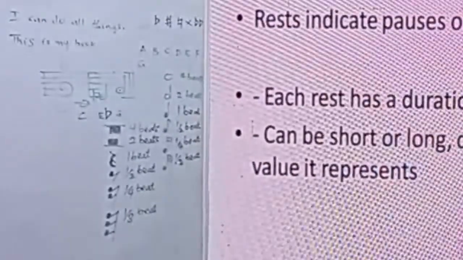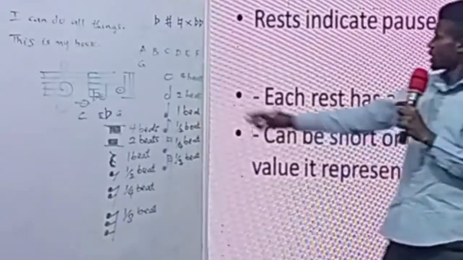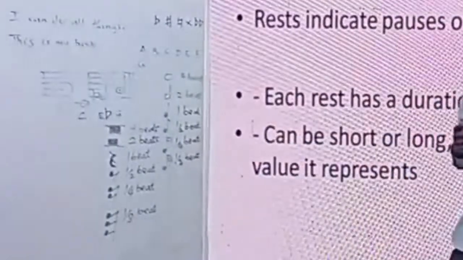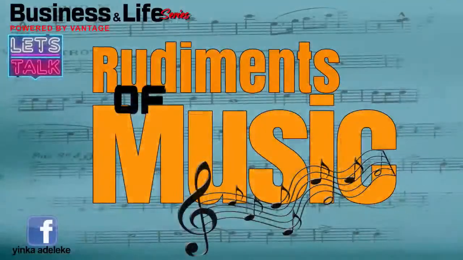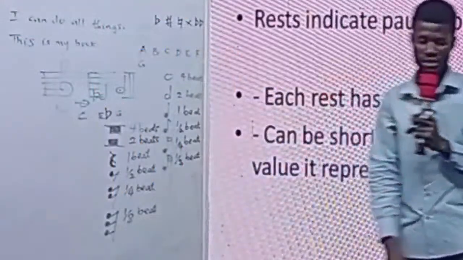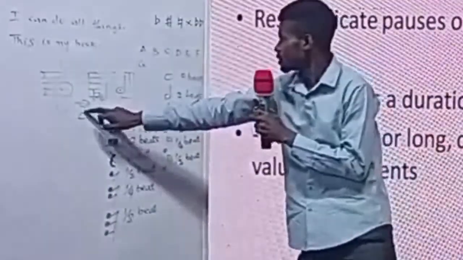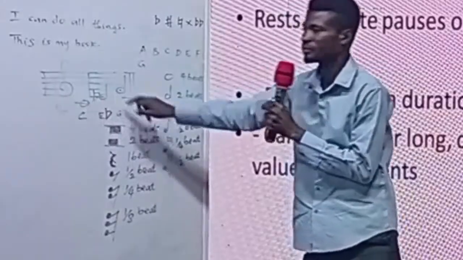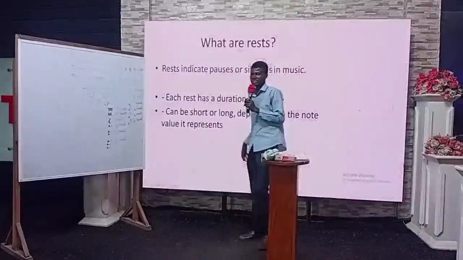Now, it's very simple. When we have any of these musical notes, we are to produce sound for each of them when we see them. That is why when these notes are written on the staff, we produce sound for each of them because they represent sound.